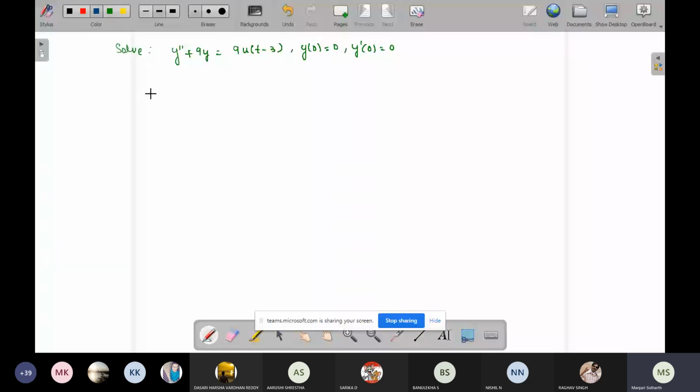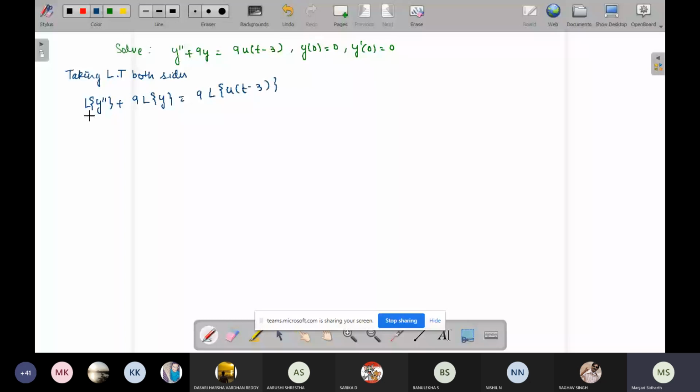Now we'll take the Laplace transform of both sides. Nine into the Laplace transformation of u of t minus 3.